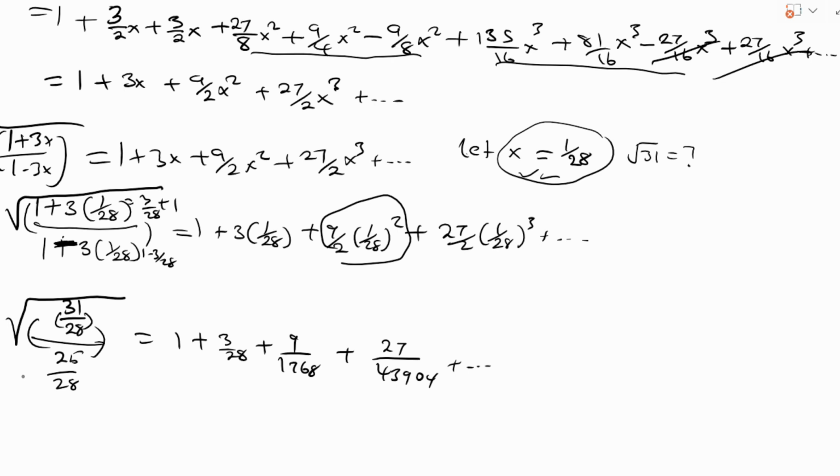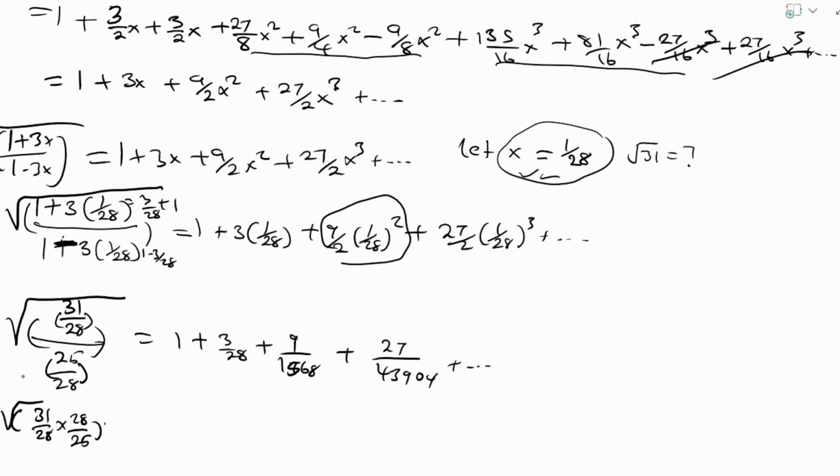Now, 31 over 28 divided by 25 over 28 is the same as 31 over 28 times 28 over 25. Remember, everything is under square root, and this one cancels out.